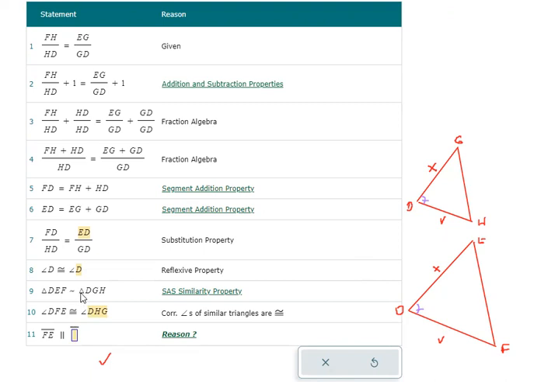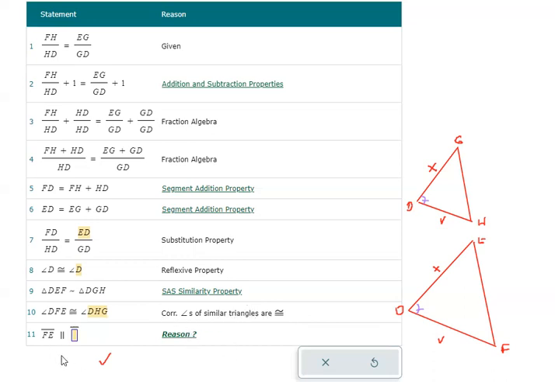So DHG means the angle at this corner. And the reason why that was the case is because we proved in the previous statement these two triangles are similar. If you have similar triangles, all the corresponding angles have to be congruent. It says corresponding angles of similar triangles are congruent. So that is the good reasoning.